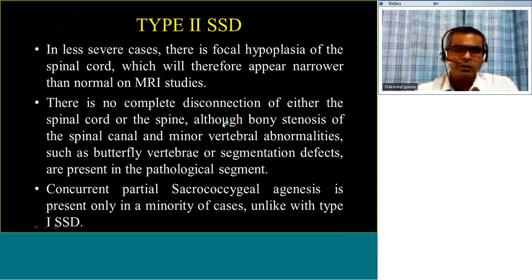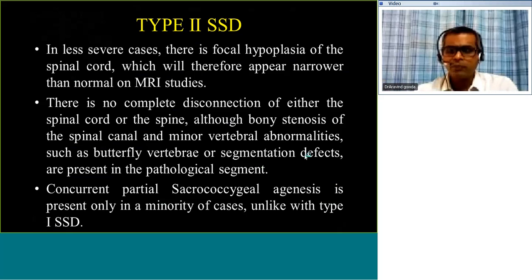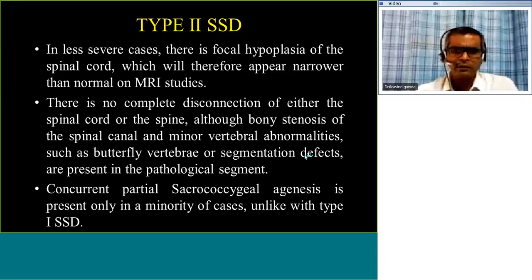Of course, there may be associated bony abnormalities like bony stenosis of the spinal canal, butterfly vertebra or segmentation defects. But the spinal cord as such is smaller in size at the involved level, but it is continuously present, and there may be other vertebral body abnormalities associated with it in type 2 SSDs.